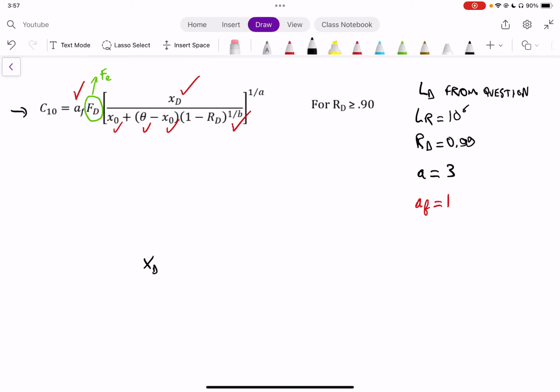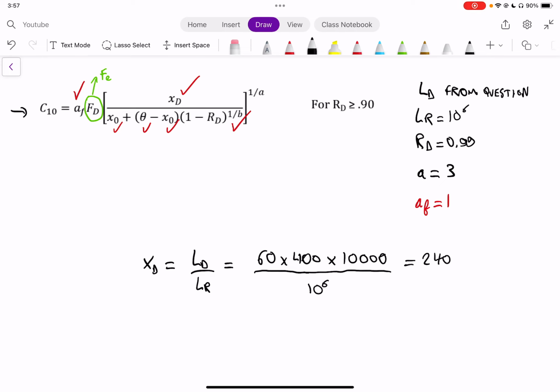XD is equal to LD over LR, which is equal to 60 times 400 for the RPM, multiplied by 10 kilohours, which is 10,000 hours, divided by 10 to the 6, and we get 240. So what we're saying is our life desired is 240 times 10 to the 6.